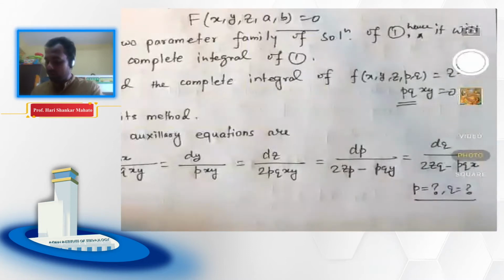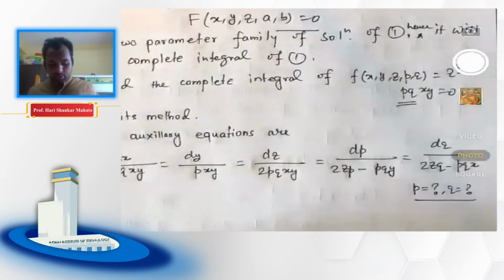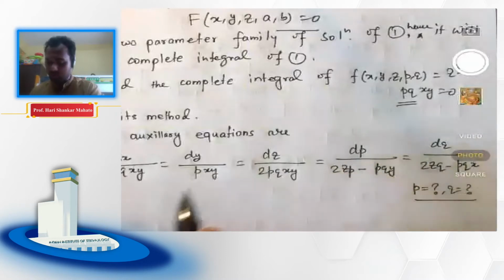So now if I take dz by z square equals p dx plus q dy plus x dp plus y dq. Basically what we are doing is choosing the multipliers.